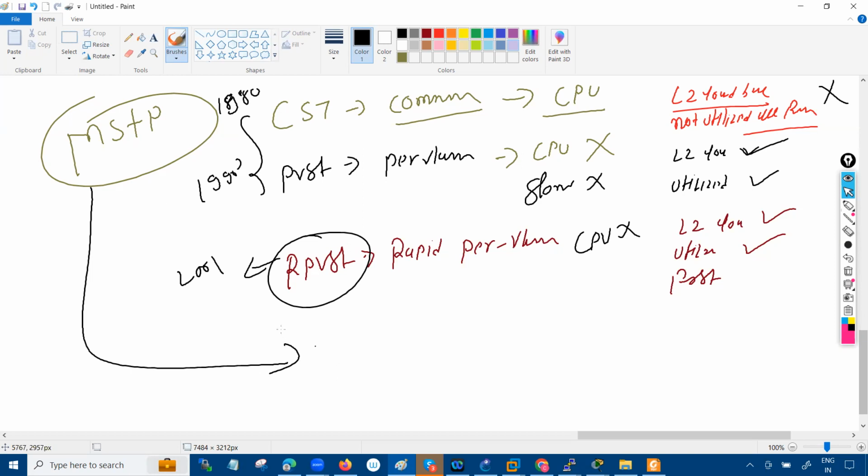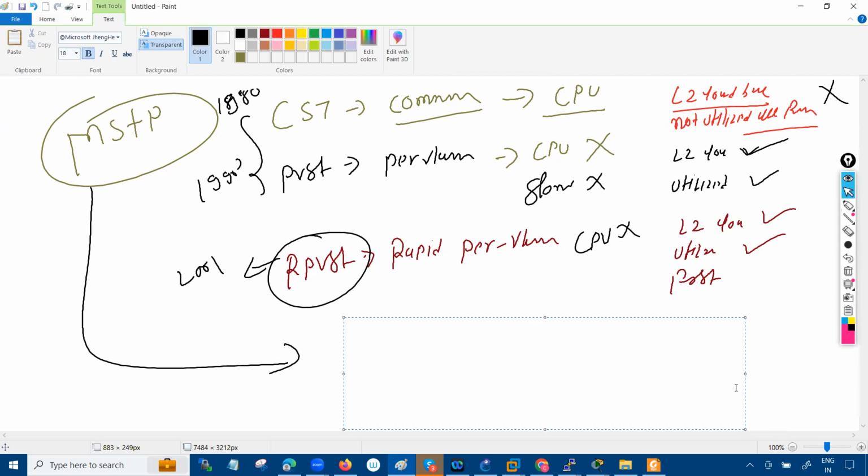MSTP by default, if you don't do any kind of manipulation, is a combination of CST and RPVST. Why am I not saying the PVST protocol? Because PVST and RPVST are both the same, the only difference is slow and fast. That's a major difference.